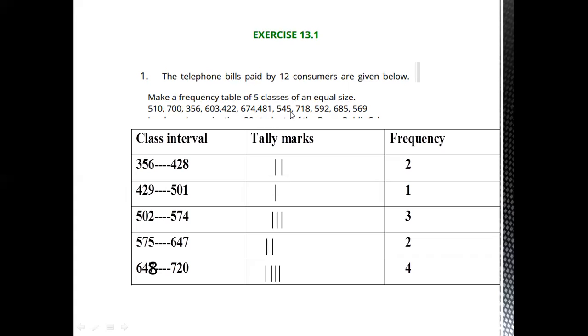Next is 592, because it is between 575 and 647. So two numbers, so the frequency is 2 and you draw two lines. Next you check how many numbers lie between 648 and 720. So 700, one number.